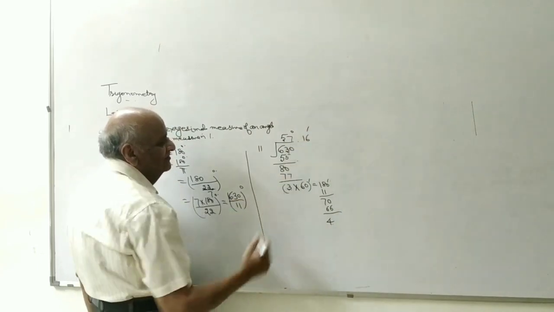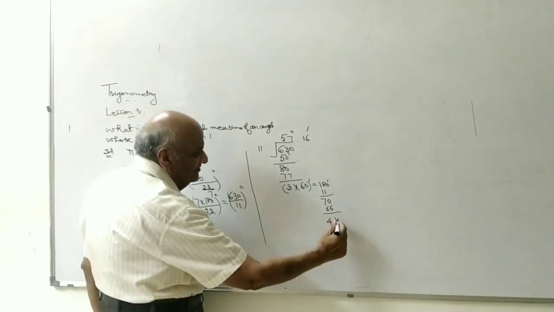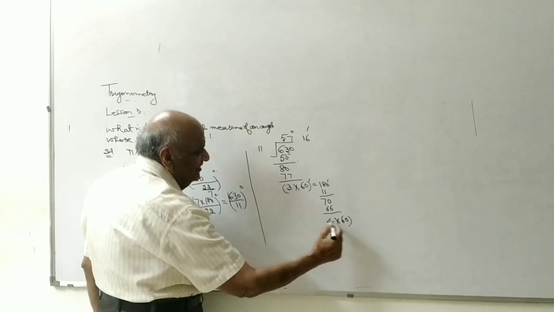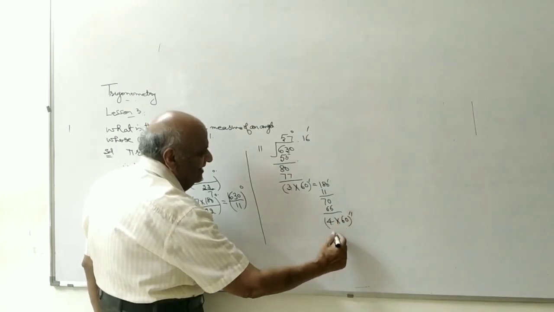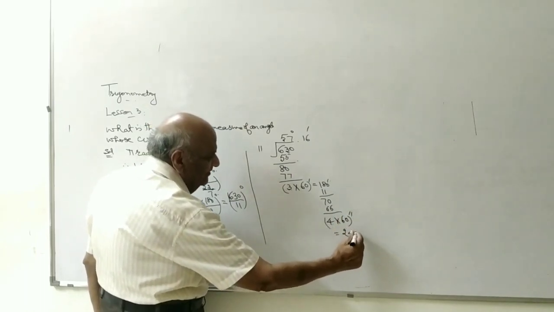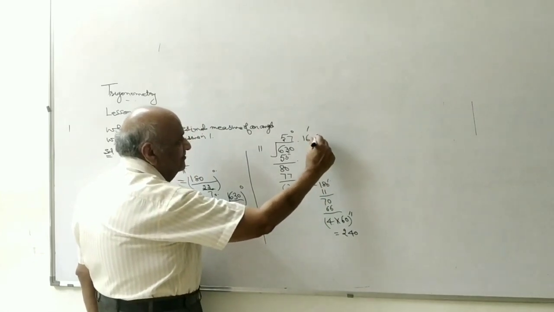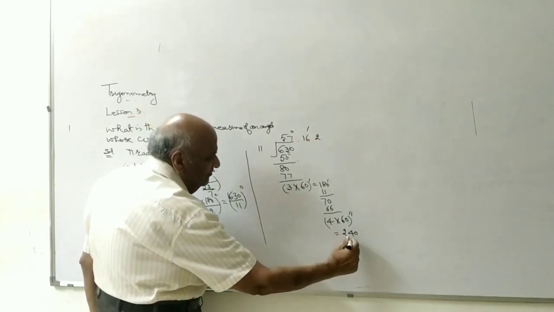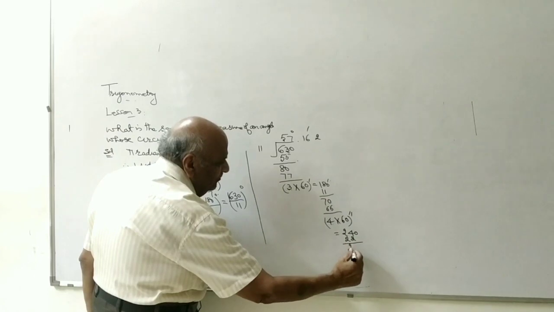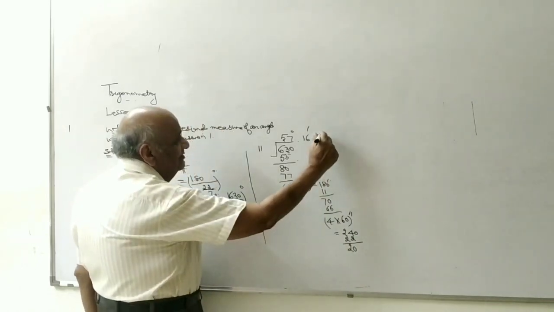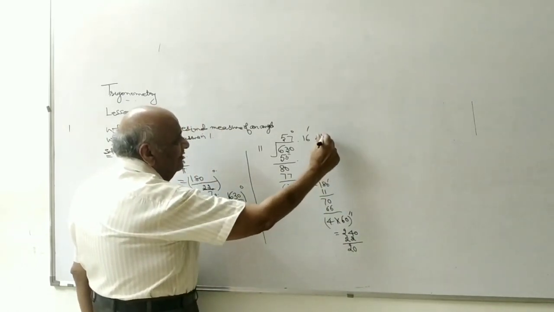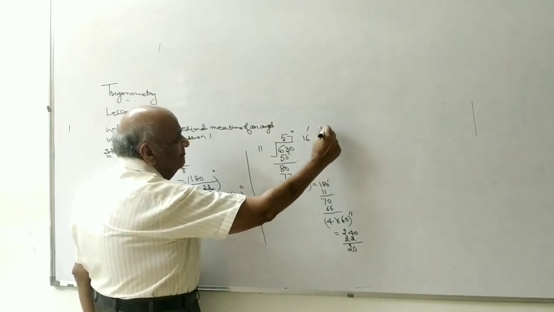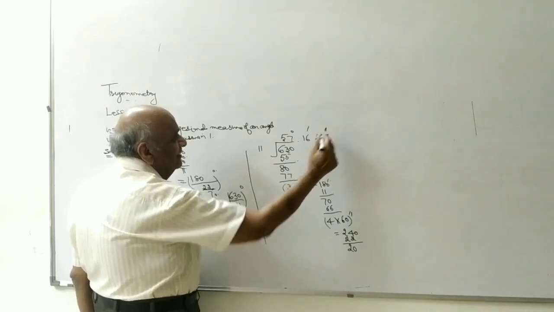These are the minutes. Now convert them into seconds. Multiply by 60 seconds. That becomes 240. So 11 twos are 22, 20, 11 ones are 11, approximately 21.9 seconds.